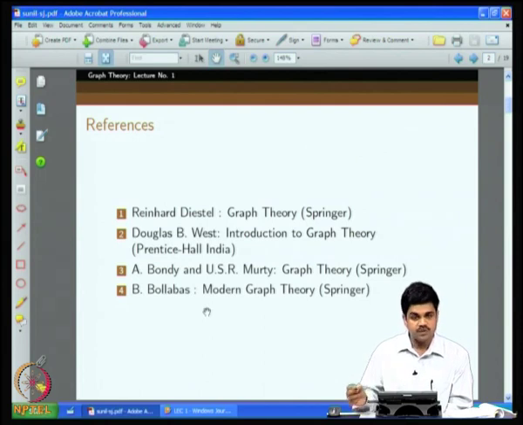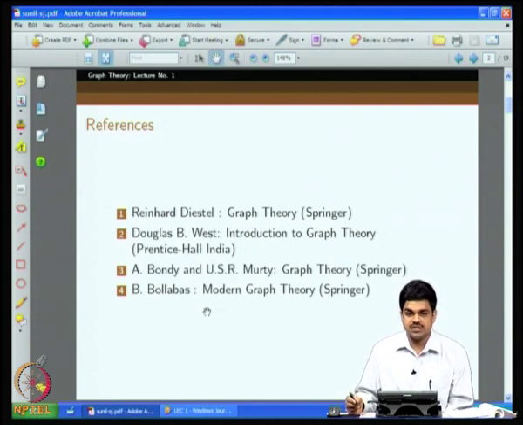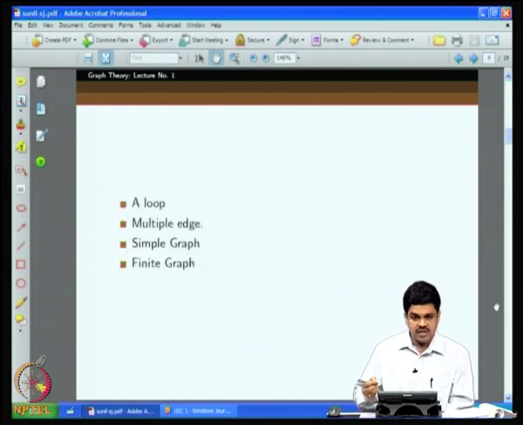In any of these 4 books, you can see the introductory chapter explaining the commonly used definitions, words, the terminology, etc. So, one can read that, but otherwise I will anyway explain the terms which I use as and when required.